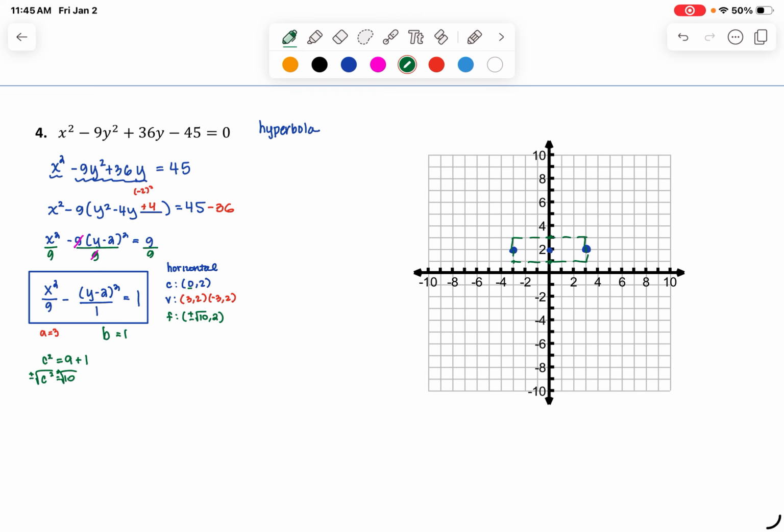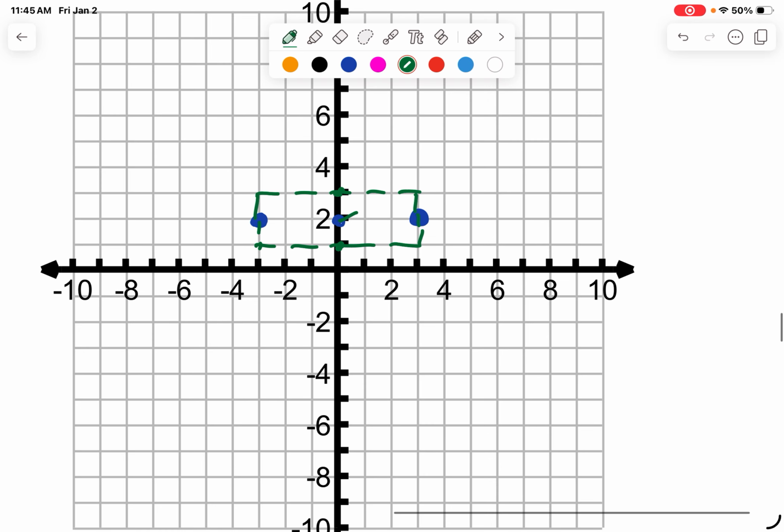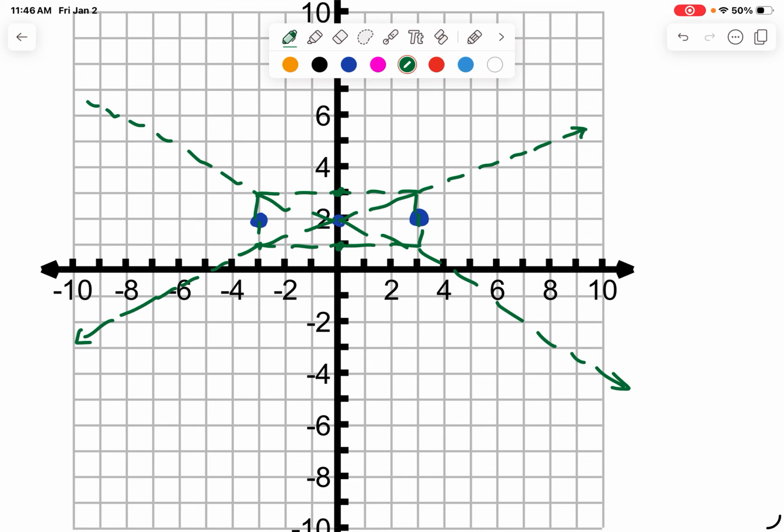Oh, I also need my equations of my asymptotes. Should do that also. Here are my 2 hyperbolic branches.